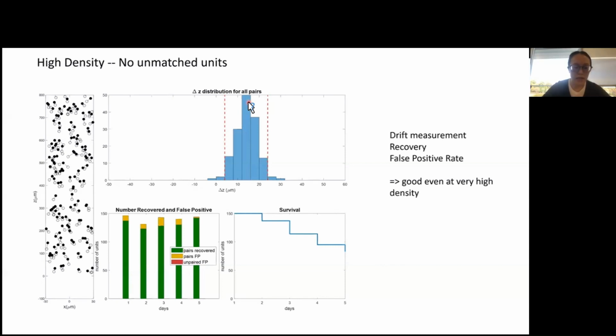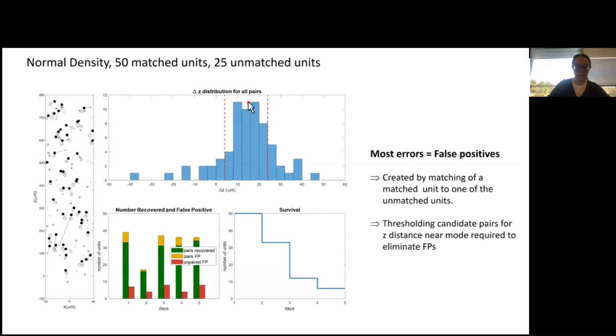So it seems like density is not such a big problem, but in real life, there will be unmatched units, and we can add this to make the simulation more realistic. In the third part of the simulation, we introduced 1/3 of the unmatched units under normal density, which is a realistic estimation of the real data set.